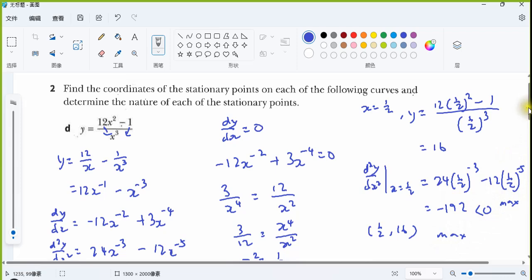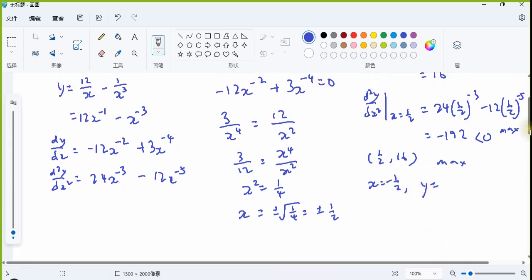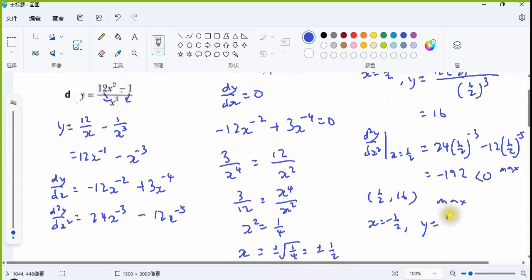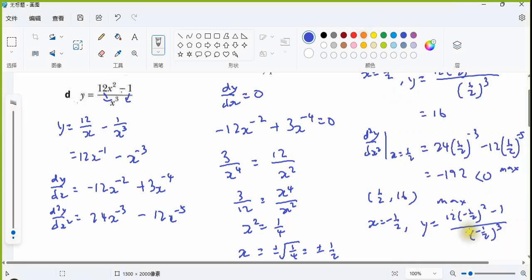Okay, and then when we have x equal to negative 1/2, y will be 12 times (negative 1/2) squared minus 1 over (negative 1/2) to the power 3. Calculating, we will have negative 16.